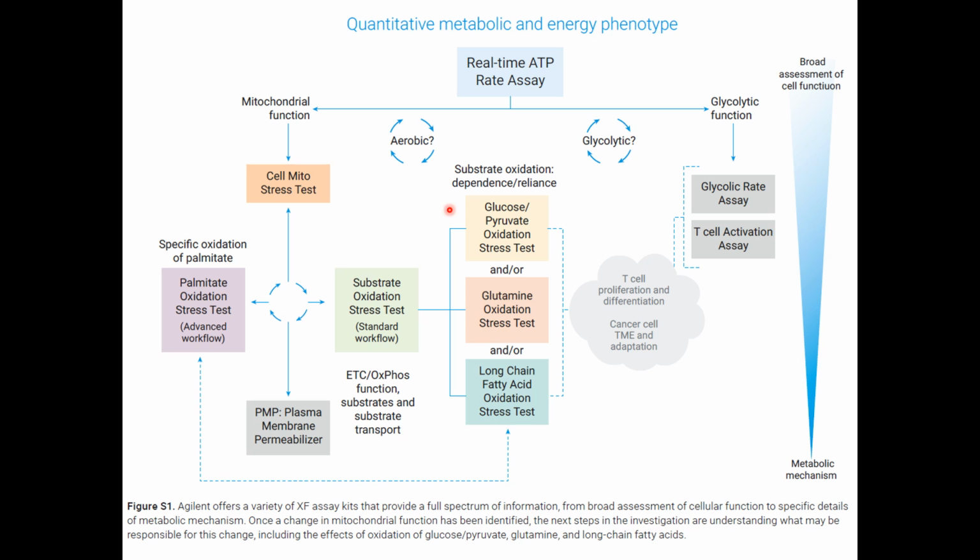Then we will combine the inhibitors of pyruvate, glutamine, or long-chain fatty acid. And if you want to find out more about fatty acid, then you may try to add extra palmitate substrate to the cell. And if you want to see the mitochondrial function of each complex, you can try the PMP. It is a permeabilizer.